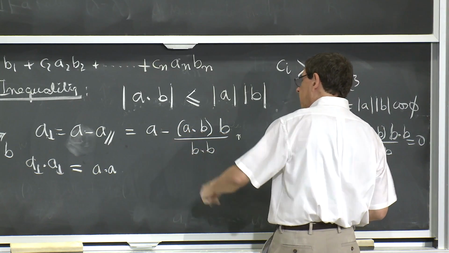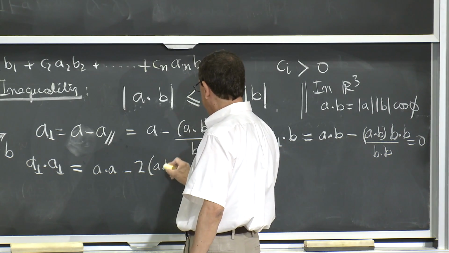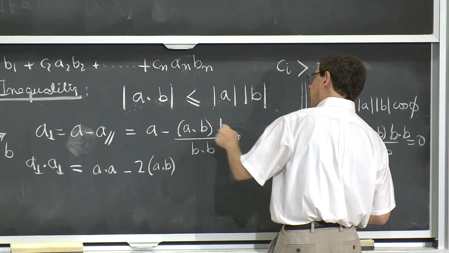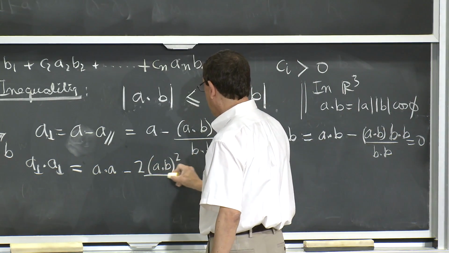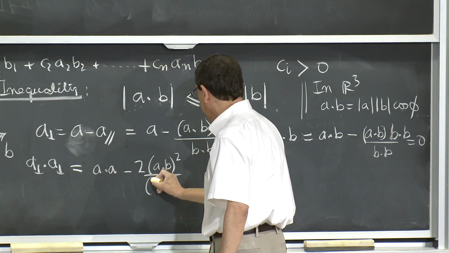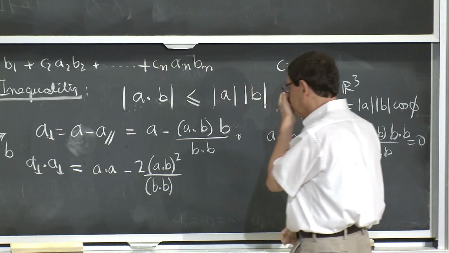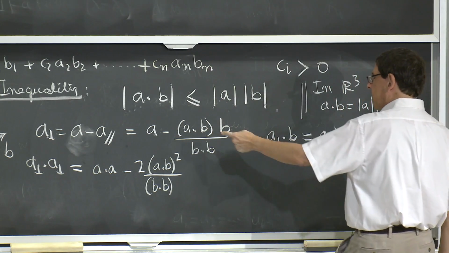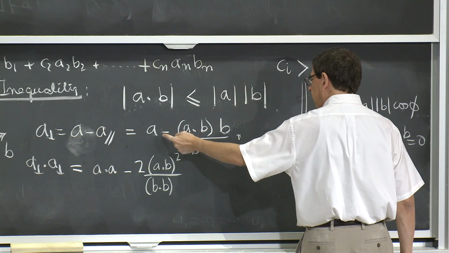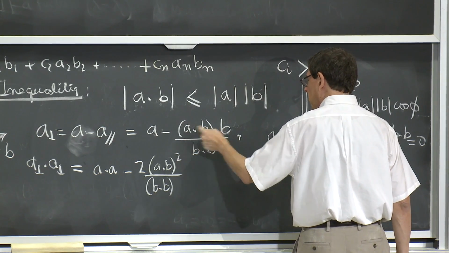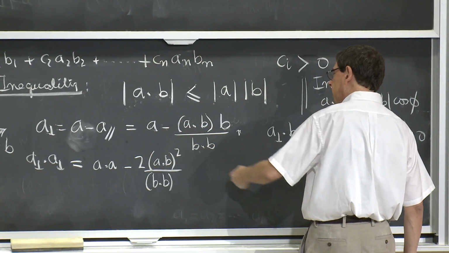You have minus twice A dot B times another A dot B over B dot B. So it's the product of this times that, with a factor of 2, so A dot B squared over B dot B. And then I have this factor squared.